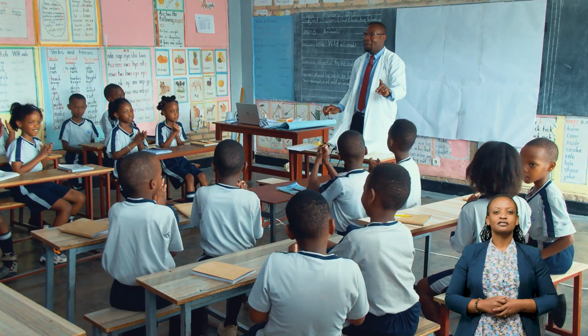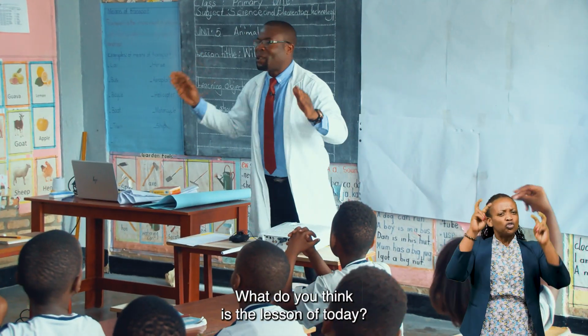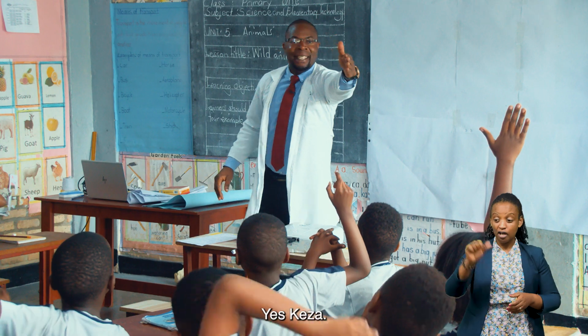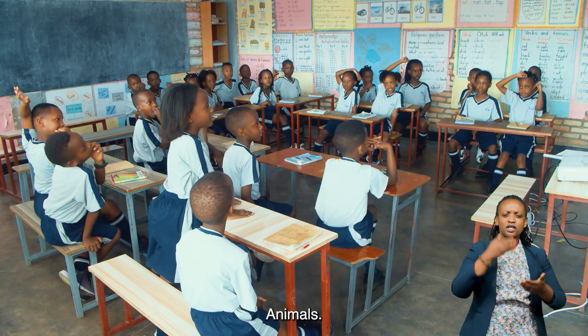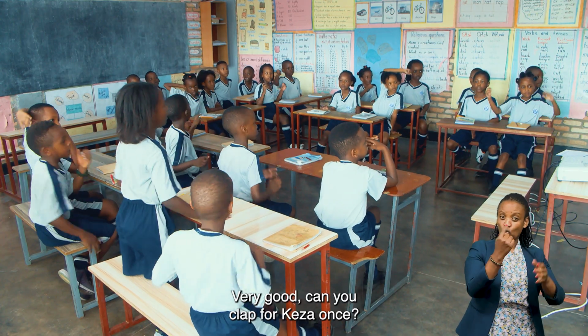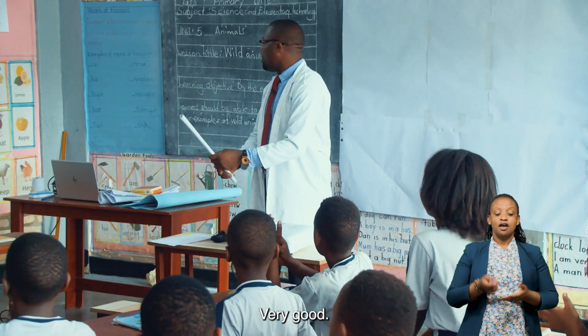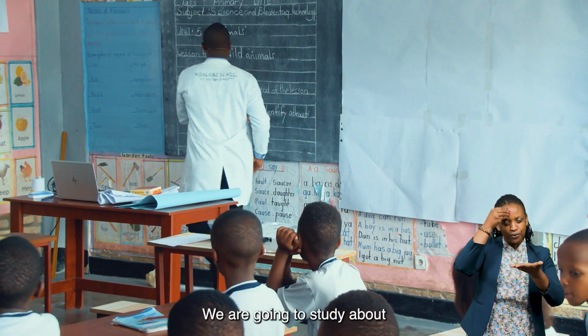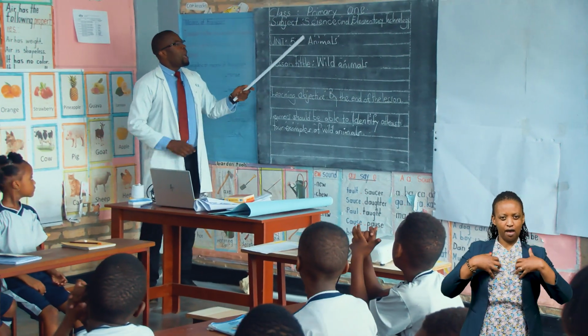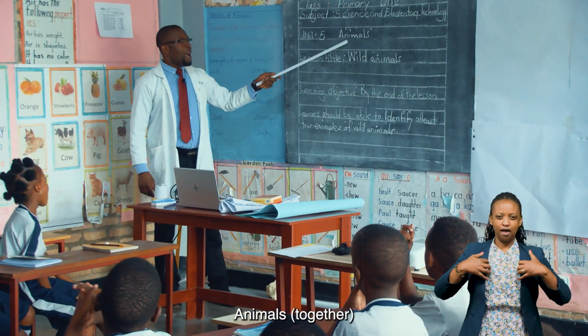Another one. What do you think is the lesson of today? Yes, Keza. Very good. Can you clap for Keza once? Twice? Very good. We are going to study about animals.